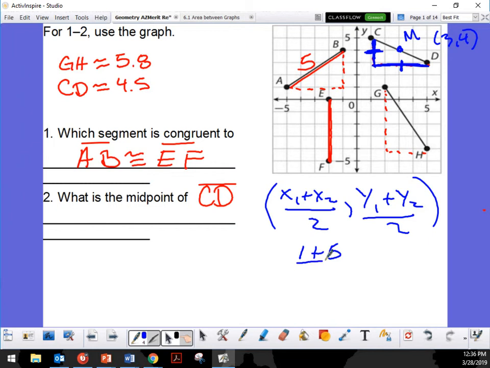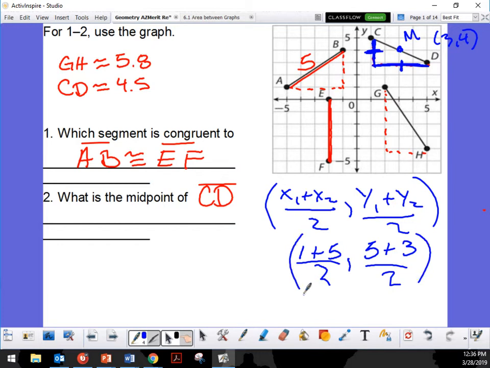1 plus the x value of D is 5, over 2, comma, the y value of C is going to be 5, plus the y value of the second one is 3, over 2.